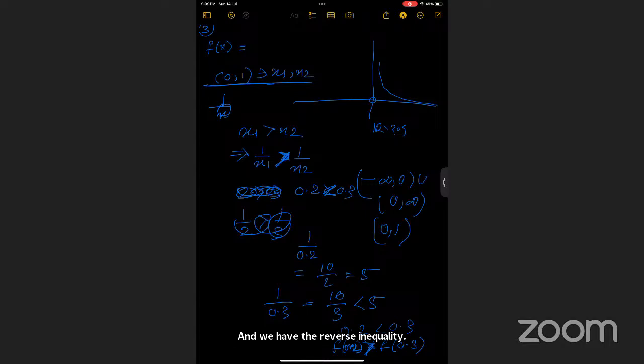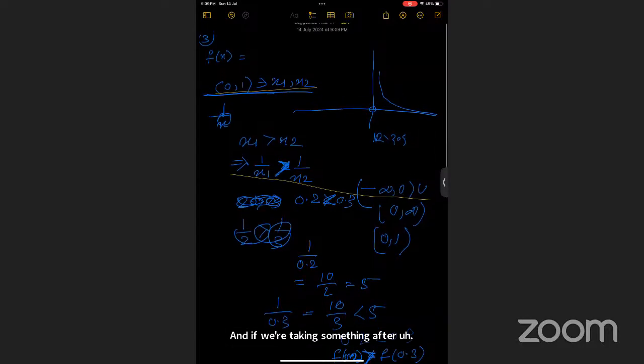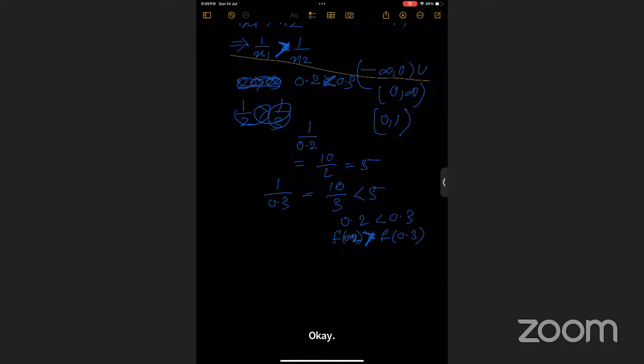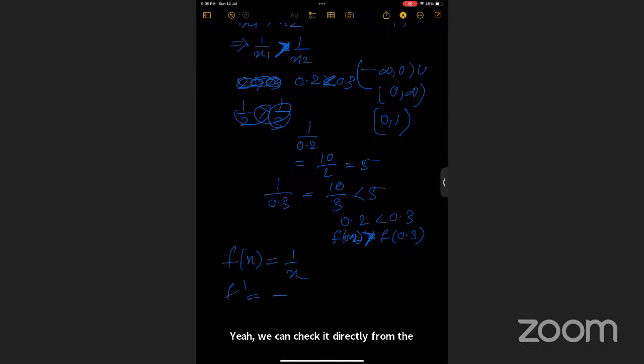And if we're taking something after, we can check it directly from the derivative. The derivative is minus 1 by x square. This is negative, so this function will be decreasing.